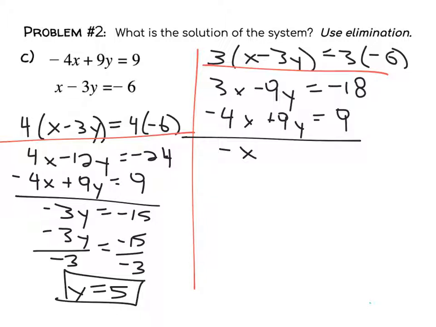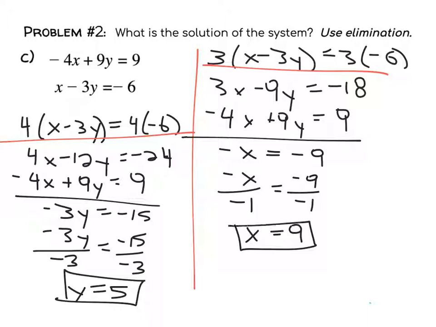The negative 9y and the positive 9y go away, and when we combine negative 18 and 9, we get negative 9. So, since this is negative x, we don't want to say negative x, we want to say x. We divide by whatever the coefficient is, negative 1 in this case. X equals 9. And so we get 9 comma 5.